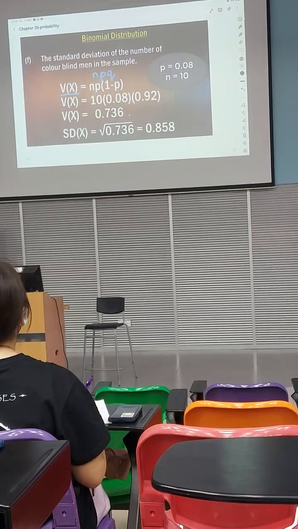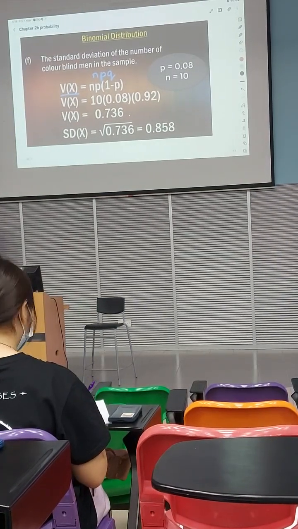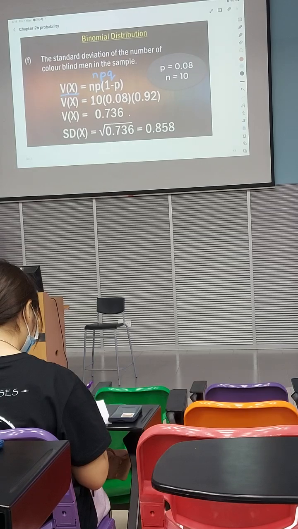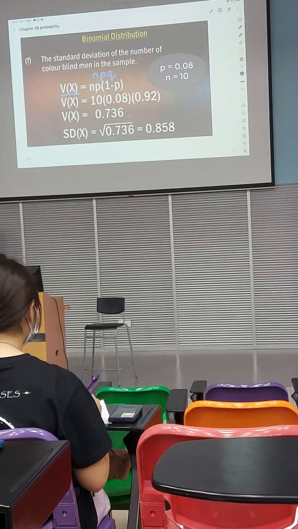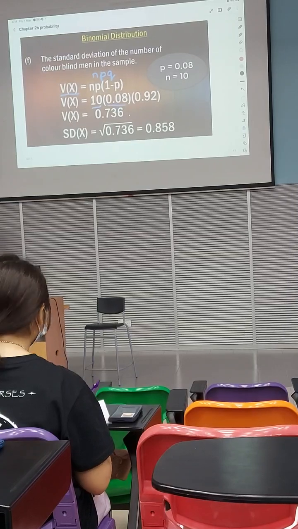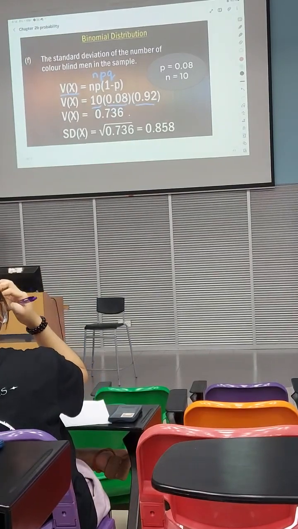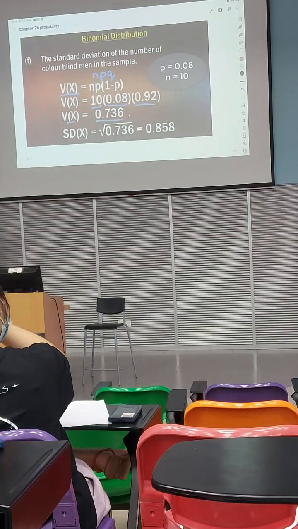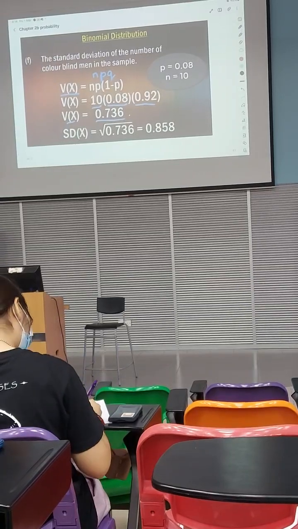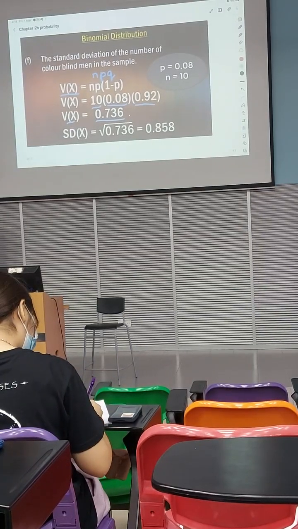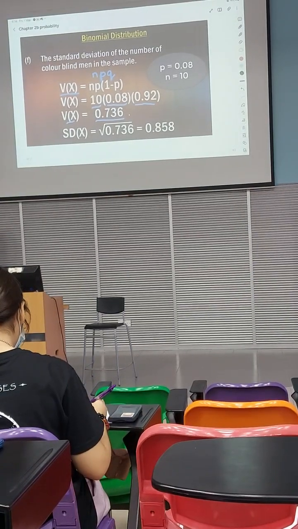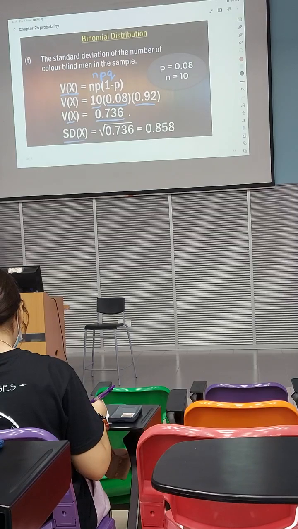It is the same: n is the number of samples, p the probability, q is 1 minus p. In this case, we get 10 times 0.08 times 0.92. Hence the variance is 0.736. This is the variance for the binomial distribution. For the standard deviation, we square root it.